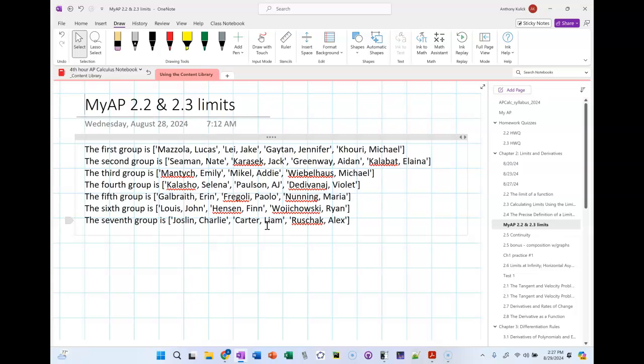The AP site grades it. And this will count as a homework quiz score, but it won't be like all right as a 10. I'll create some kind of tiers. Yes. That are fairly representative of the percentages for like 5, 4, 3, 2, 1 on an AP exam.